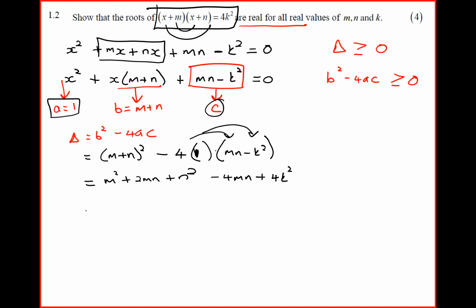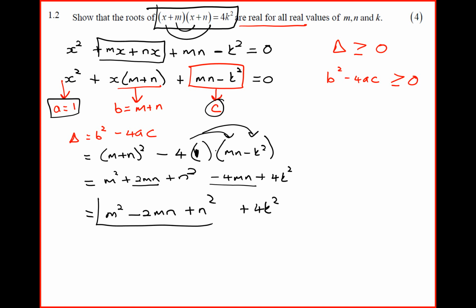Now we're looking for like terms. We have m squared plus 2mn plus n squared minus 4mn. 2mn minus 4mn gives a negative 2mn, plus n squared plus 4k squared.